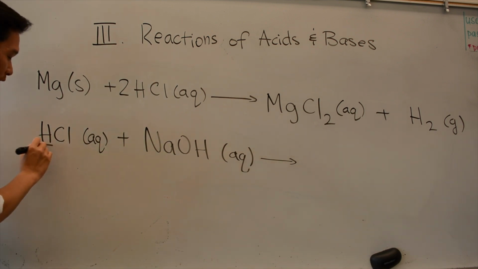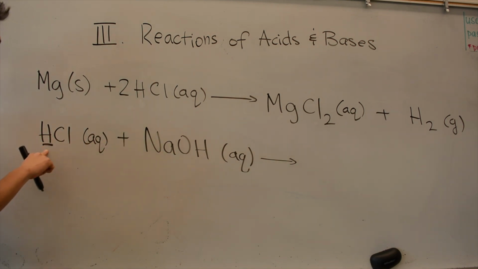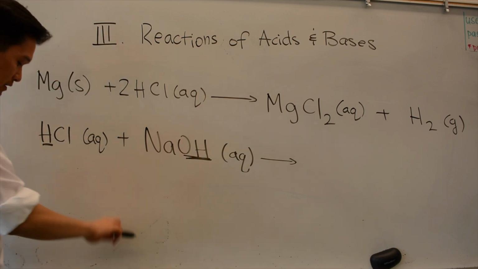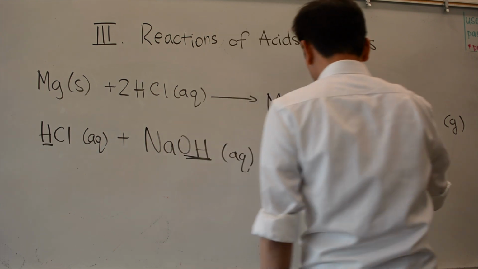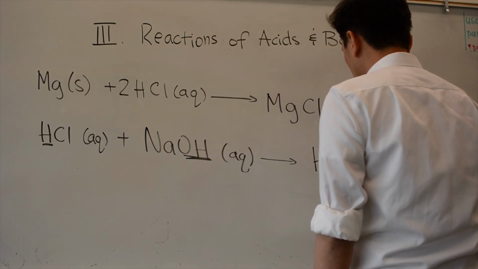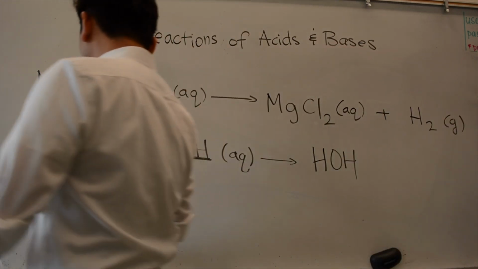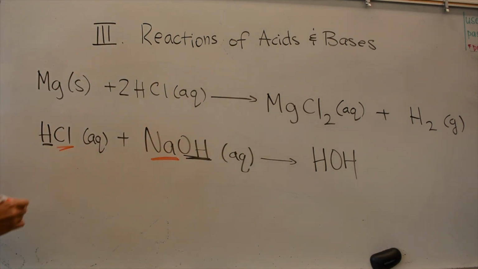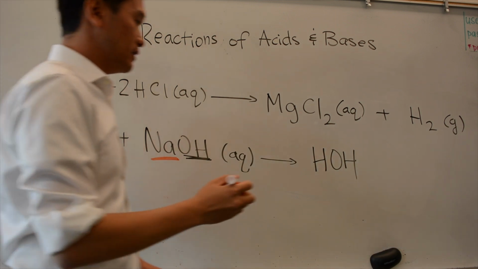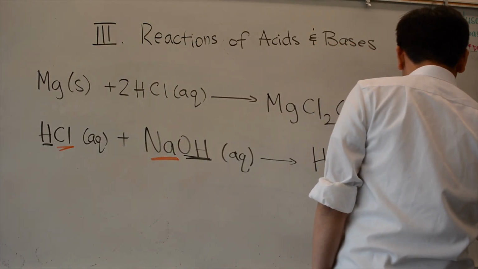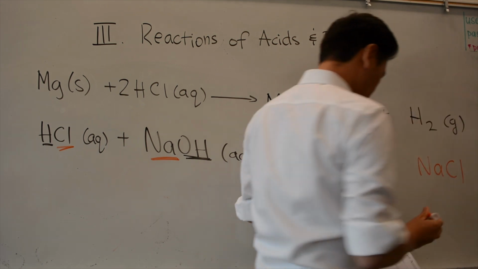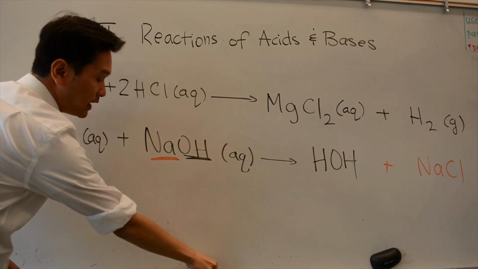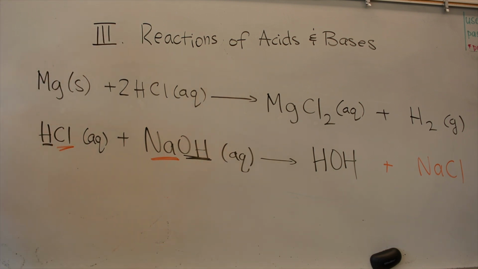Your cation will join with your anion, giving you that. And your cation on the other end will join with your anion on the other end, giving us this. So when you see an acid and a base, you can always do this kind of prediction of what the product will be.